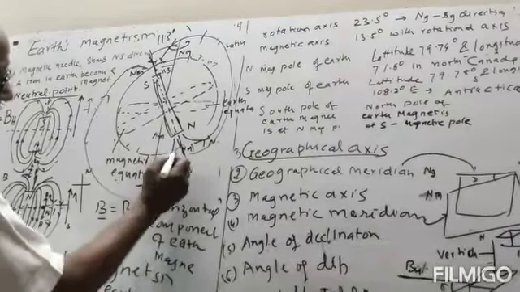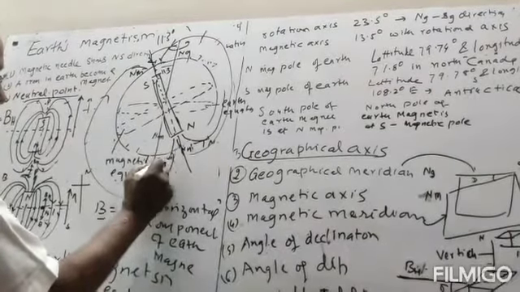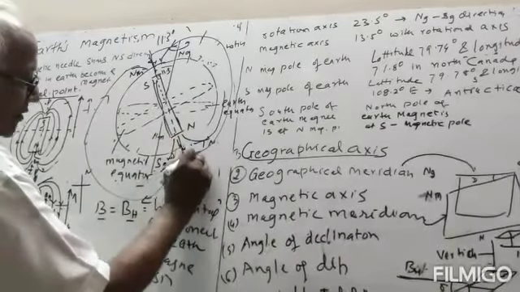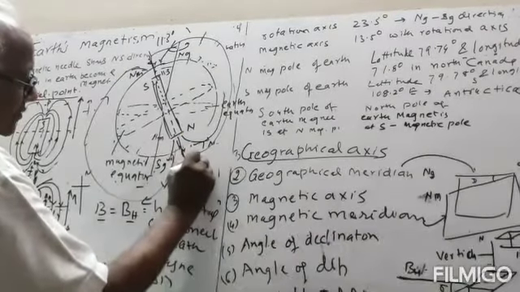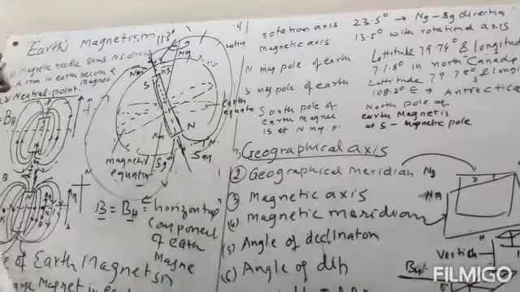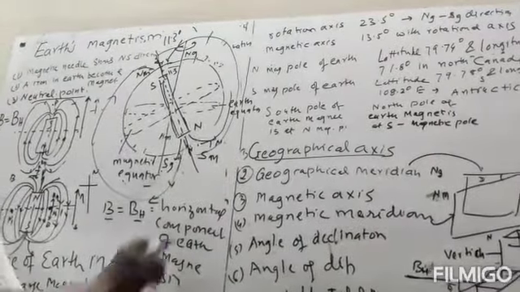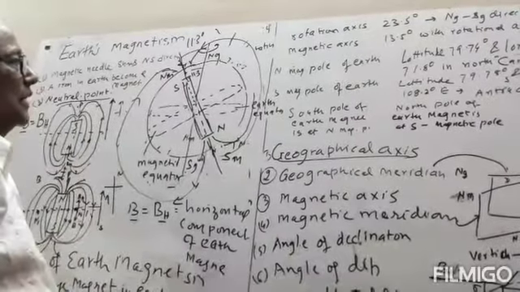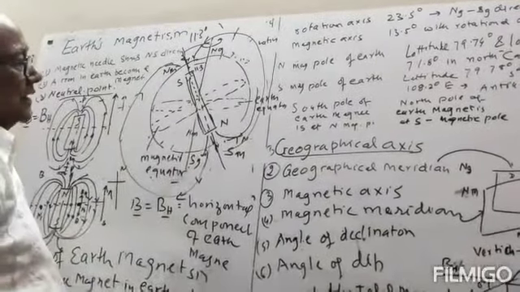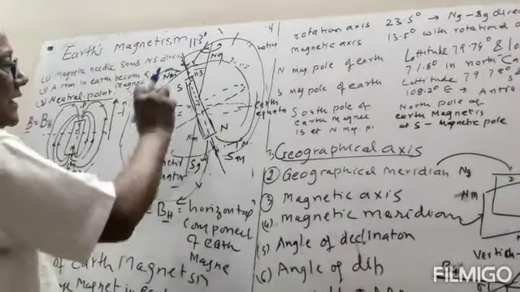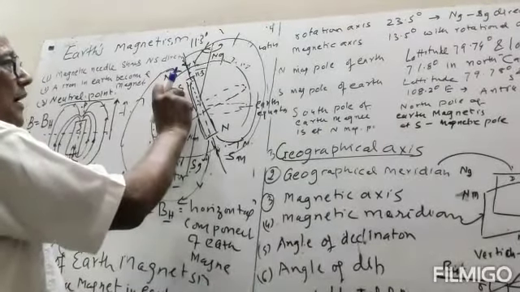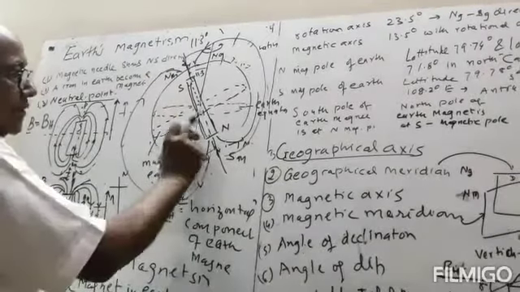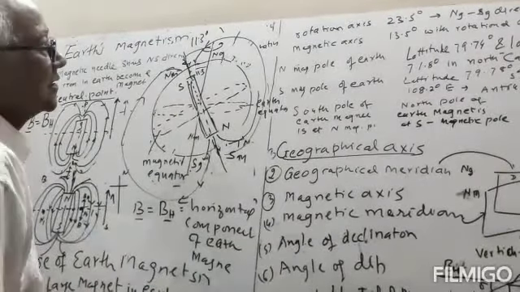Here also it is your geometrical south, and so it is known as the magnetic south pole. So if we consider the earth as a magnet, then here there is a south pole of the magnet towards the north and the north pole towards the other side.